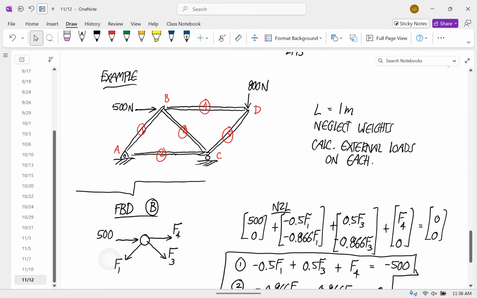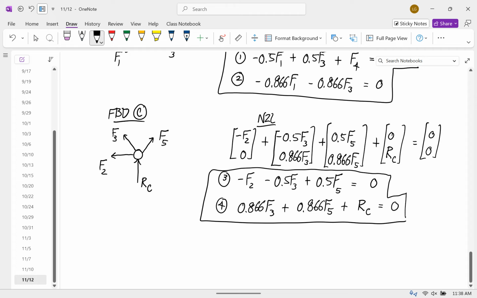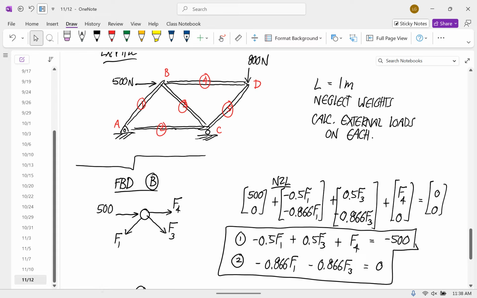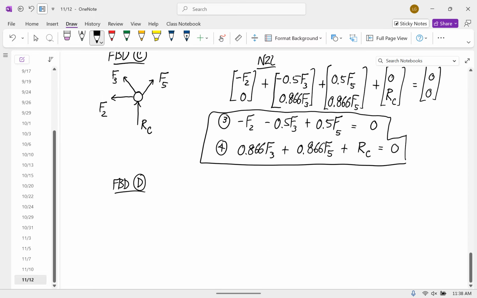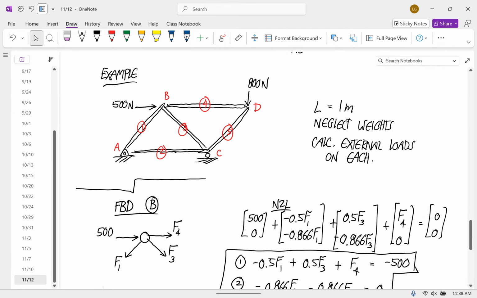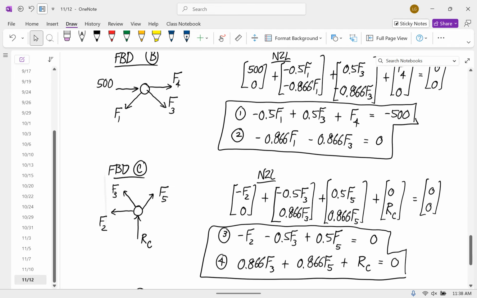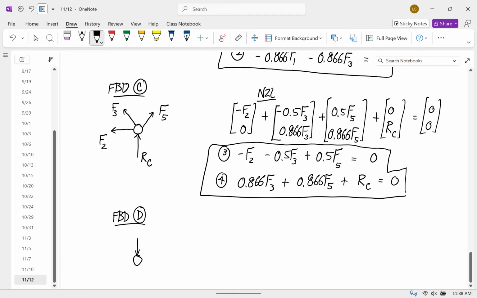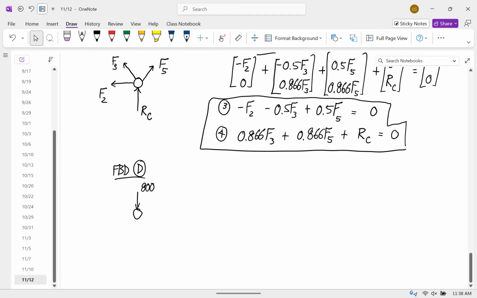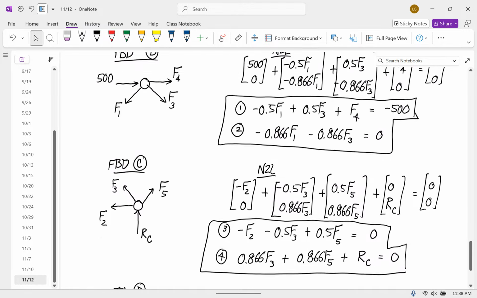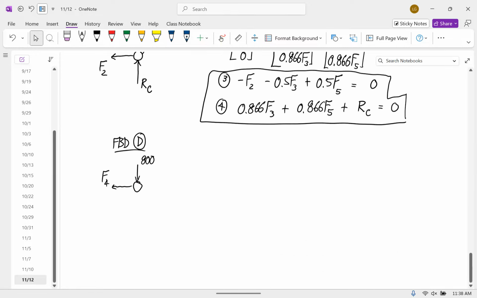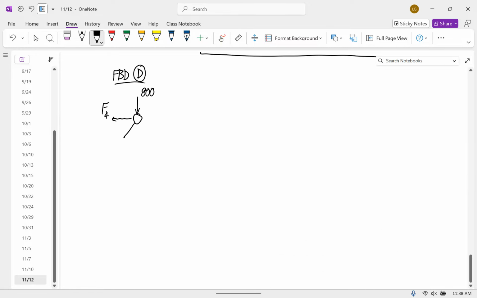And then free body diagram of D. We have the 800 down. We have F4 this way. And F5 this way.